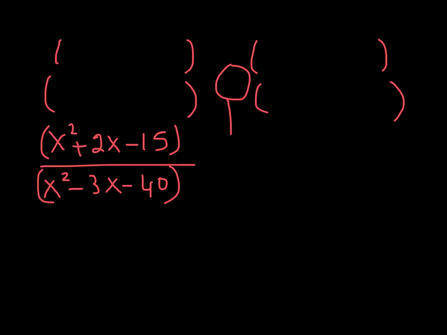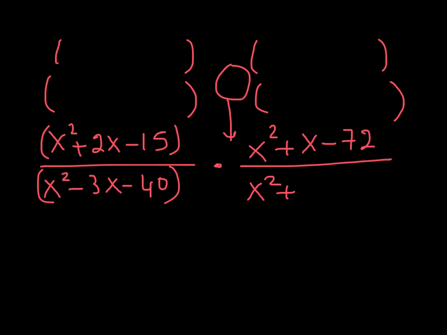Now we change division to multiplication and multiply by the reciprocal. The reciprocal is x squared plus x minus 72 divided by x squared plus 8x minus 9. Now we're going to multiply across.